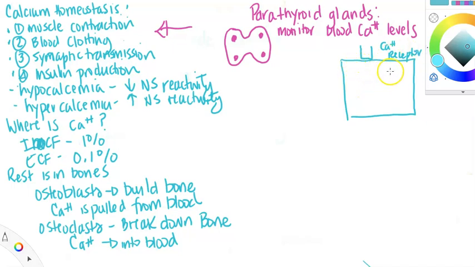When blood calcium is low and blood goes through there, remember we're in the gland now, so the gland is the integrator, and when it sees low blood calcium, it will secrete PTH into the blood.